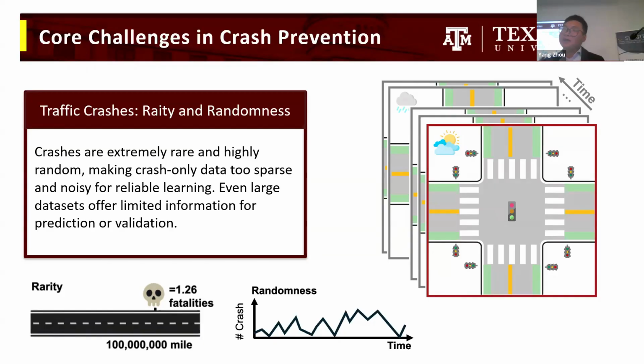Super hard, right? So that's why we propose we should learn what didn't happen, and we should learn what-if conditions. Basically, you can augment, because the near miss probability is much higher.